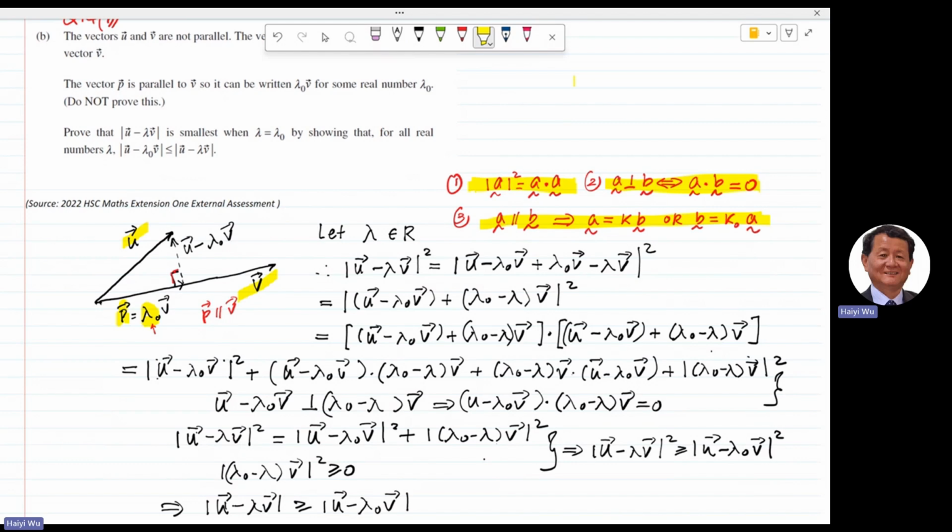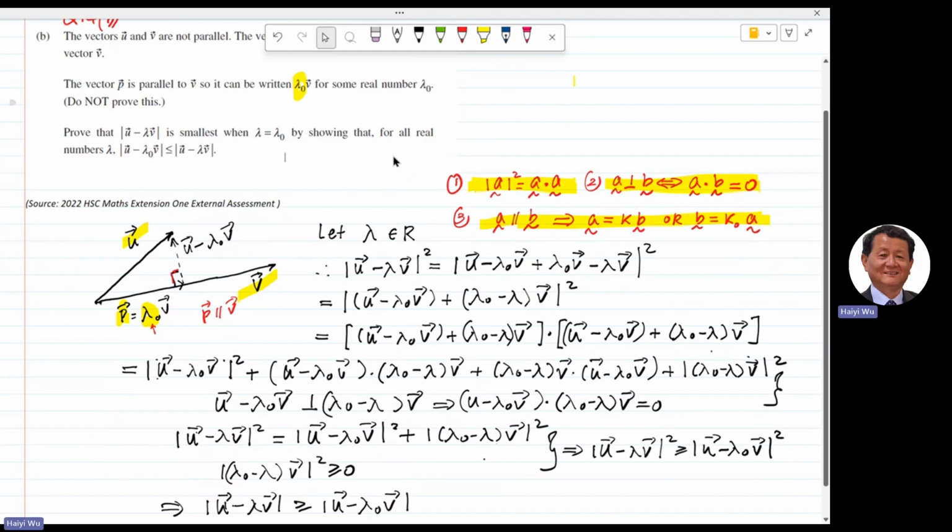So therefore we need to prove, what are we going to prove? That this length lambda 0 is the smallest real number. If I put another variable called lambda, the smallest is when the length equals lambda 0.